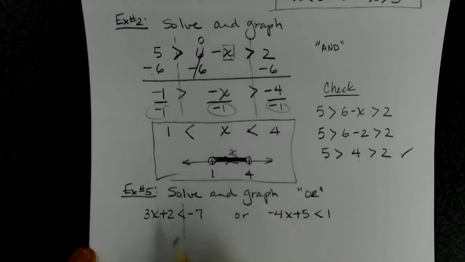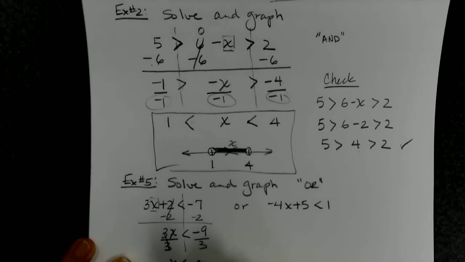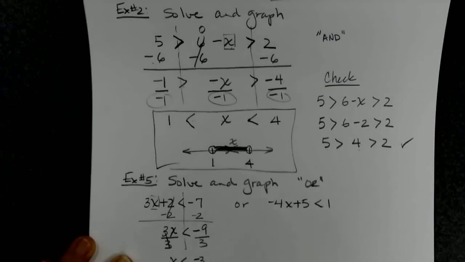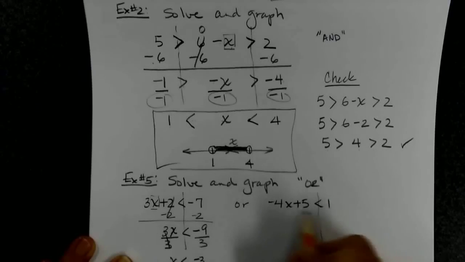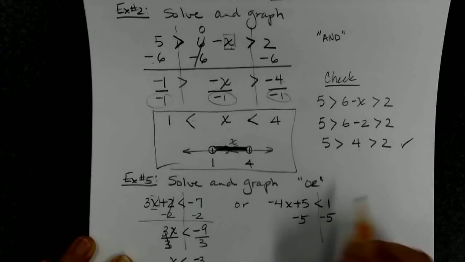We're going to come over here, draw our line, and then we're going to solve for x. So get x by itself. So subtract 2 first. So then 3x is less than negative 9, and then we divide by 3. So x is less than negative 3. We're going to come over here, draw our line, subtract 5 from both sides.